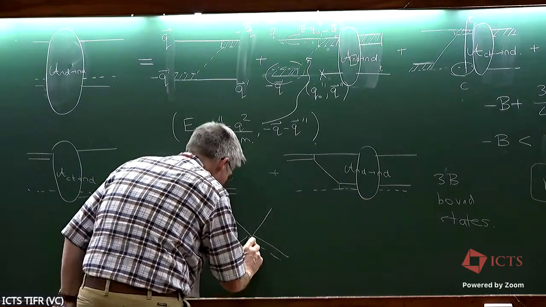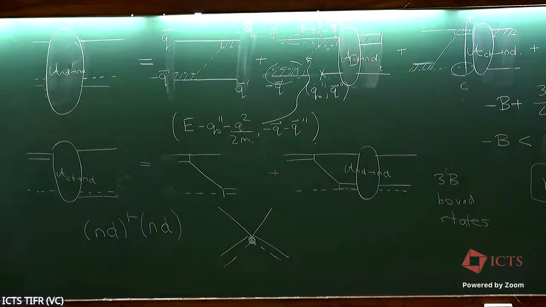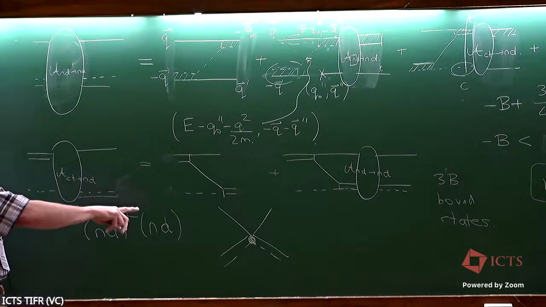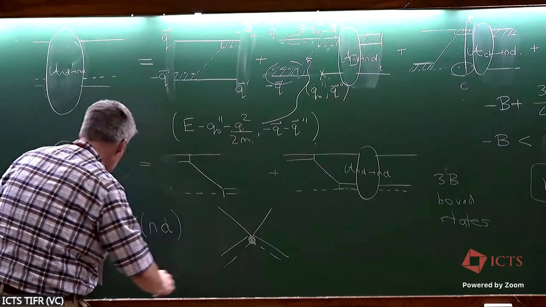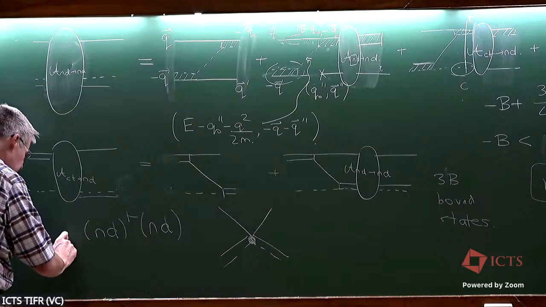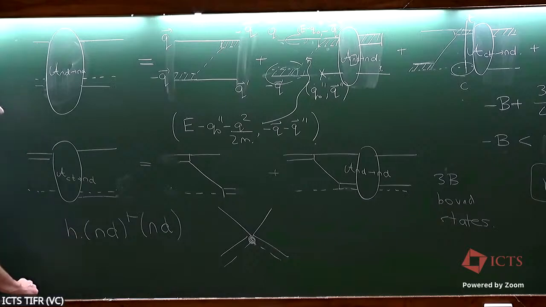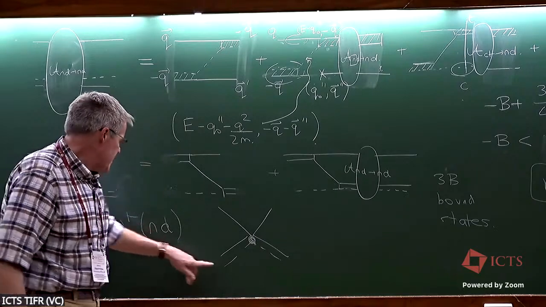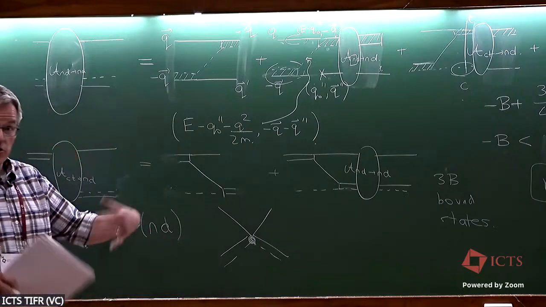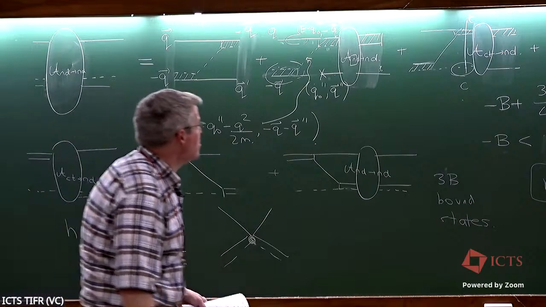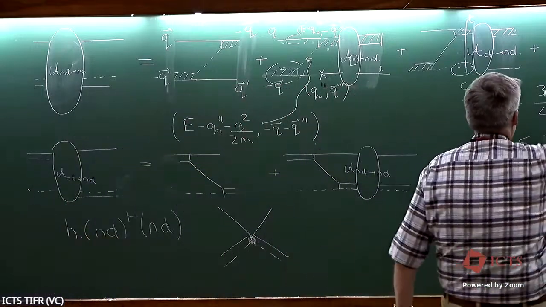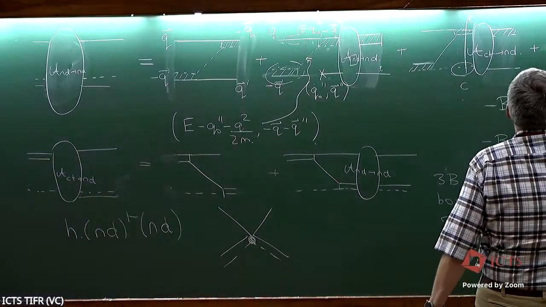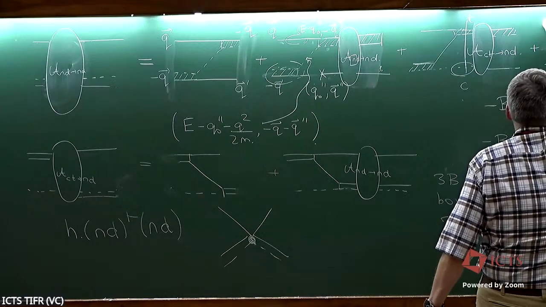So yes, we can write down this operator. By naive dimensional analysis, this would be highly suppressed, but it turns out that as a consequence of the large scattering length, this is part of the leading order of the theory. So we add to the Feynman rules this Feynman rule for the Nd contact interaction, which at the nucleon level would be a three-body force, which means we add another term to the integral equation. Don't worry, I'm not going to rederive the whole thing. It's actually very easy.